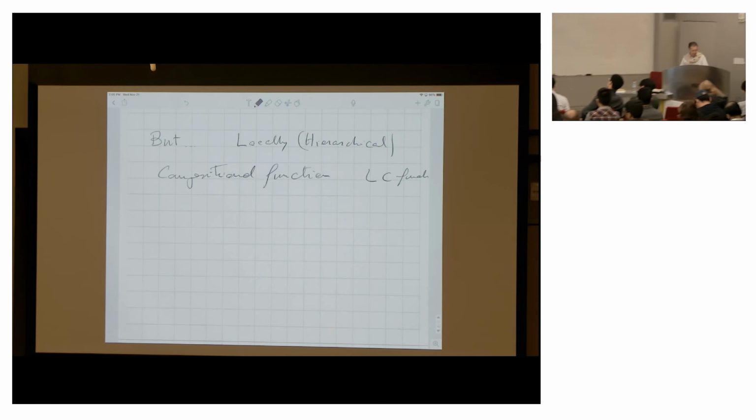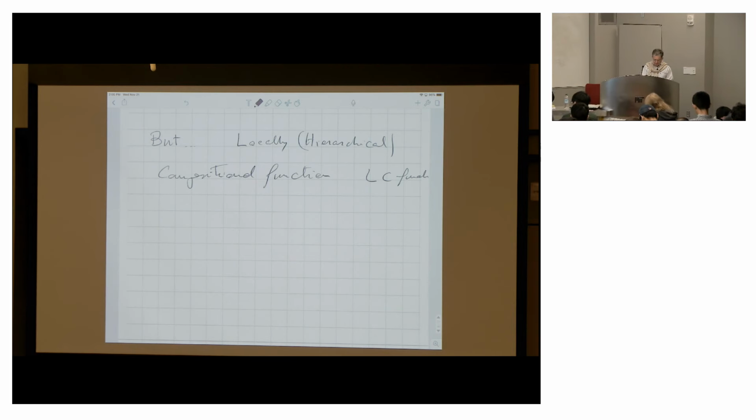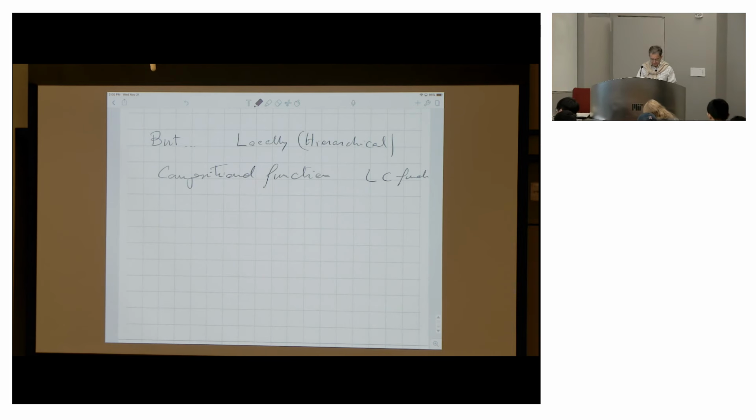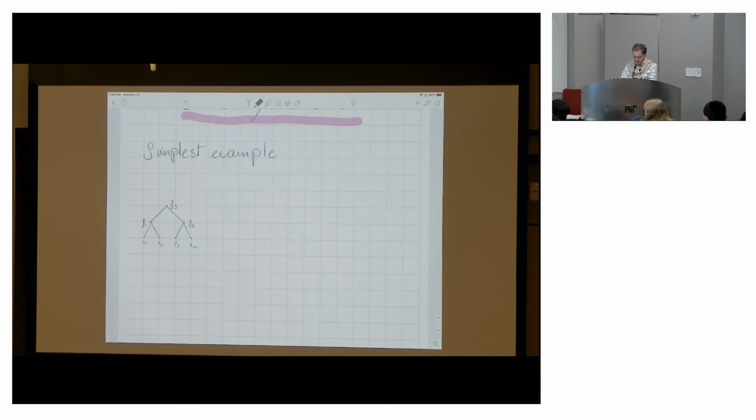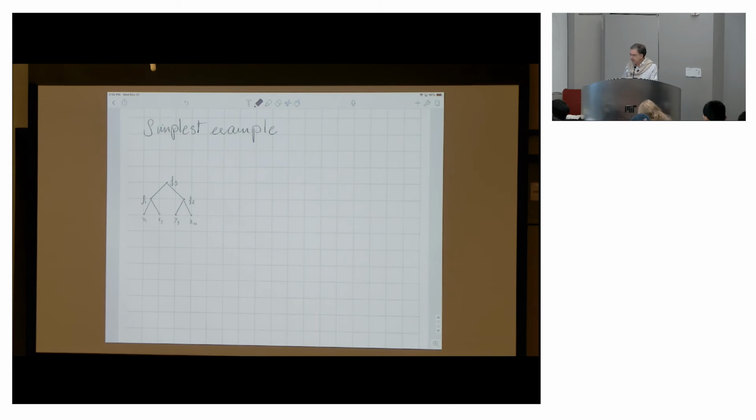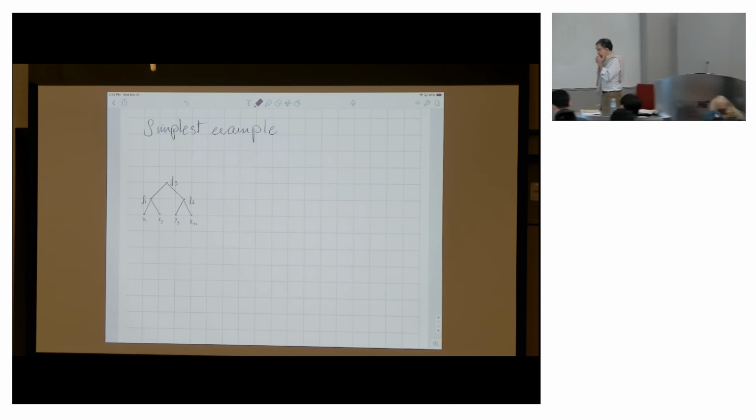Okay, so some example of this locally hierarchical, compositional function is a function like this.